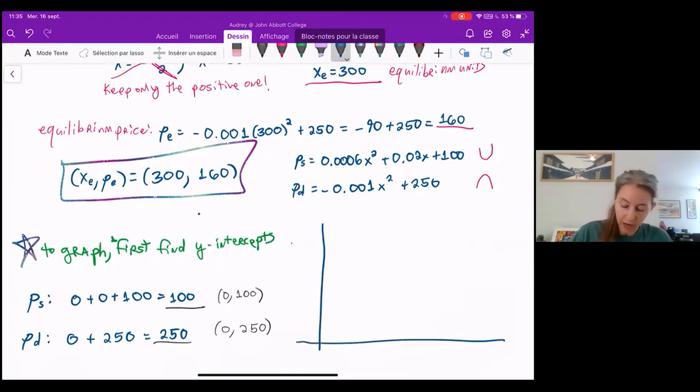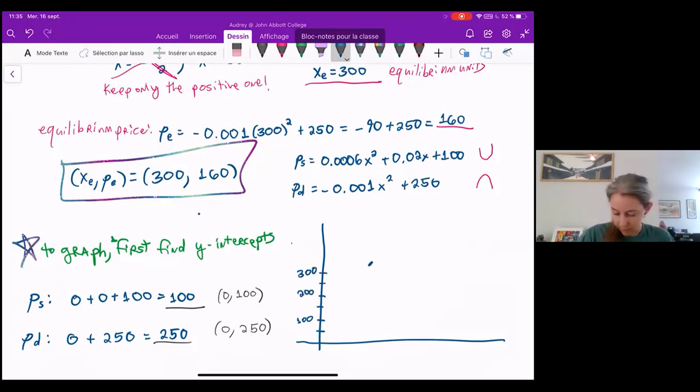And the scale that I'm going to use is, well, my equilibrium point is 300, 160. My y-intercepts are like 100, 250. So I'm going to go up by like 50s. So I'll have 50, 100, 150, 200, 250, 300.